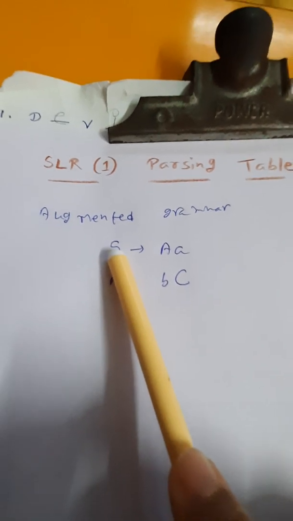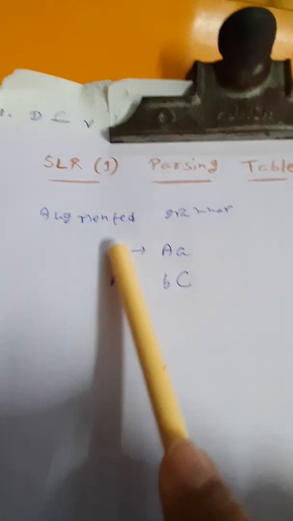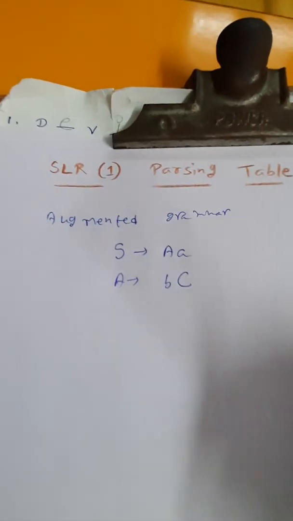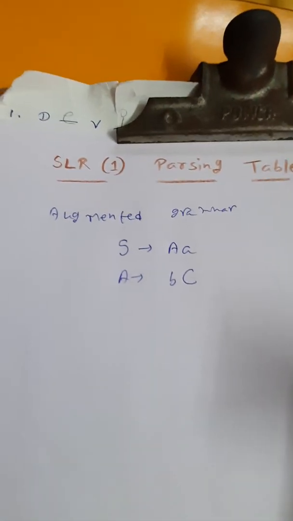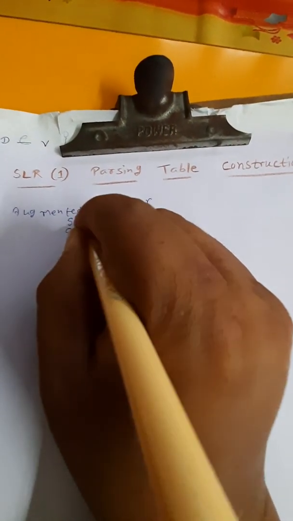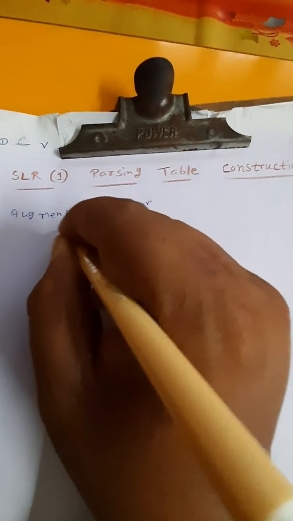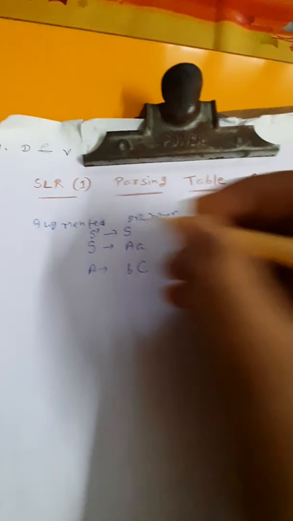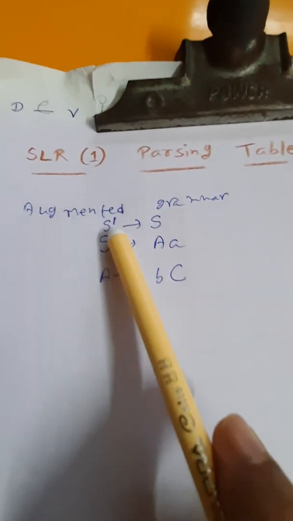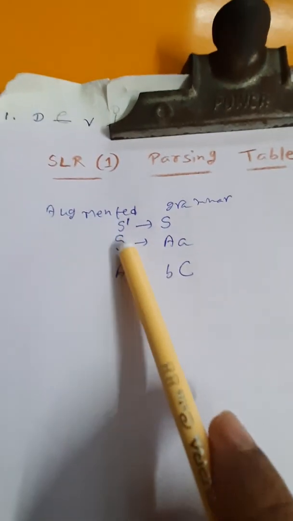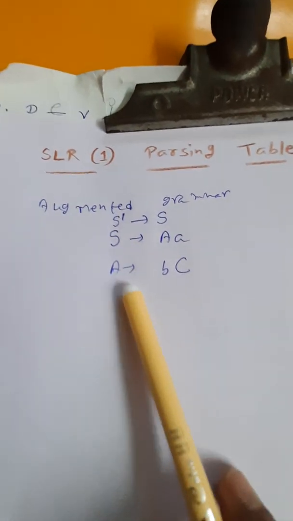Here it's S. So the augmented grammar is nothing but we add one more production rule. Suppose I give the name of the new symbol added as S prime. So I am adding one production rule, S prime produces S. Previously I had some given rules and now I have added one more.